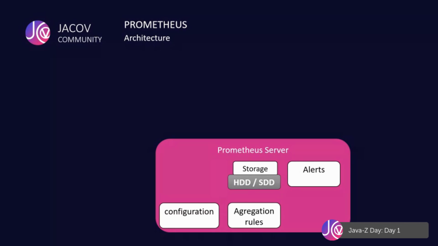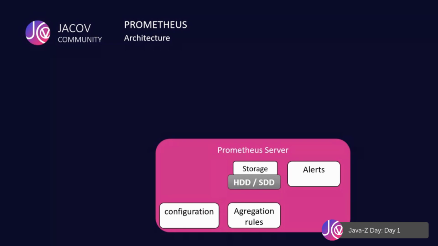And the local time series database stores data in a custom, highly efficient format. Scaling is achieved by sharding or federation. Configuration contains static target definitions, aggregation rules, and alert definitions.